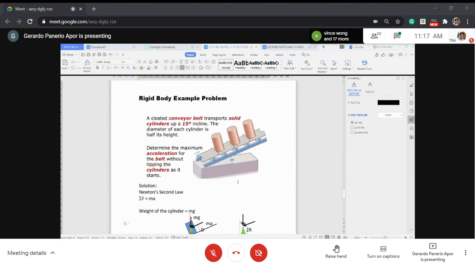Let's just call it a sardine can. Its height is greater than its diameter, in this case double the diameter. Now, the question is to determine the maximum acceleration of the belt without tipping the cylinder as it starts.